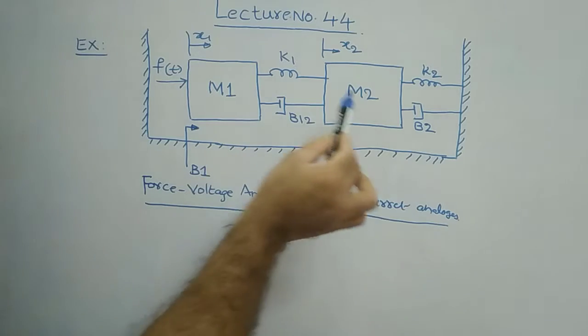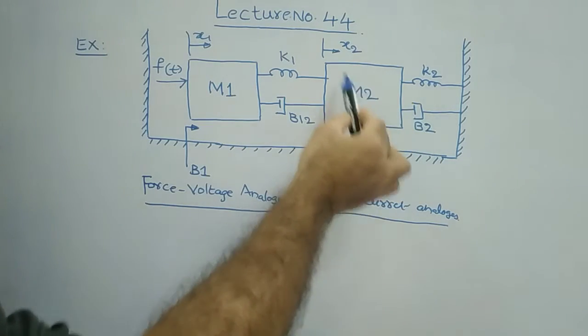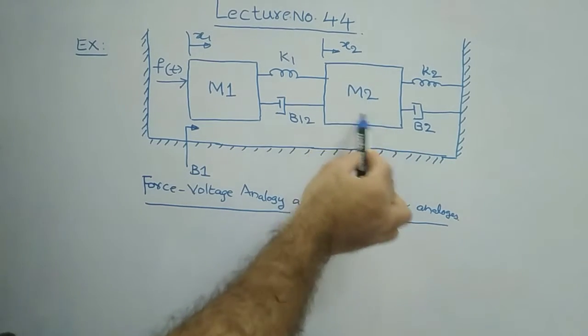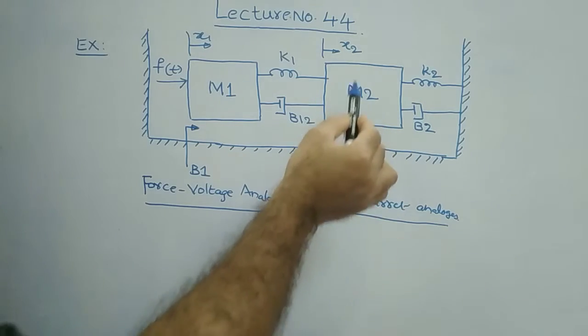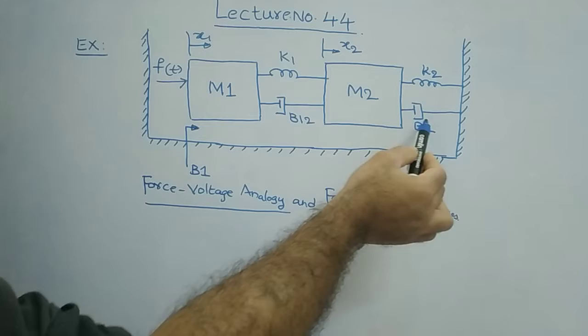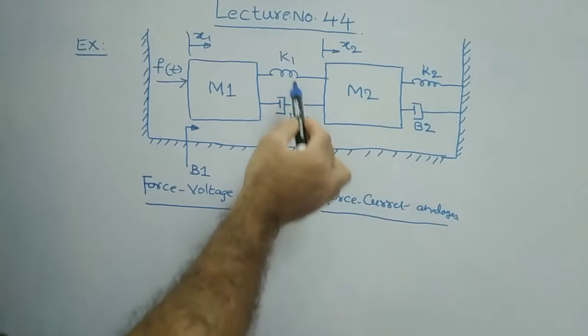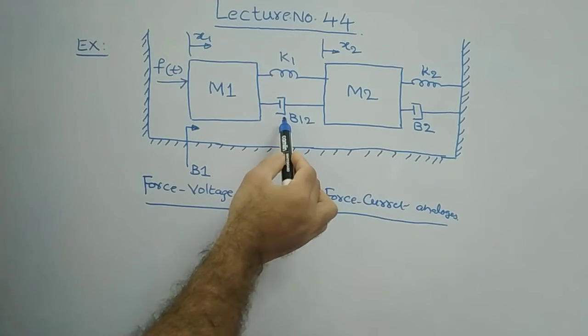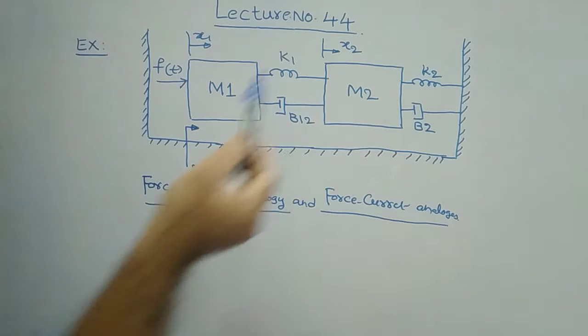Similarly, with respect to m2, what are the forces acting? The opposing forces due to k2, due to b2, due to k1, and due to b12. These are the forces acting.